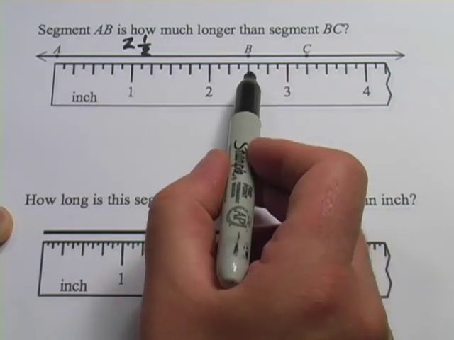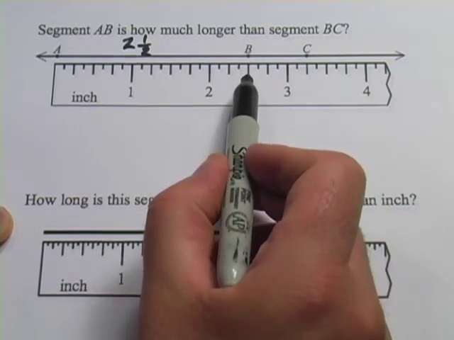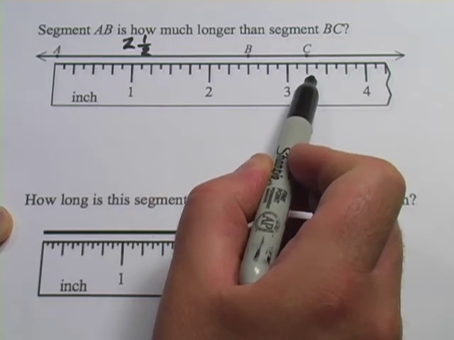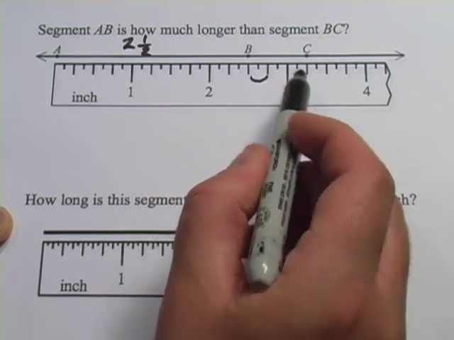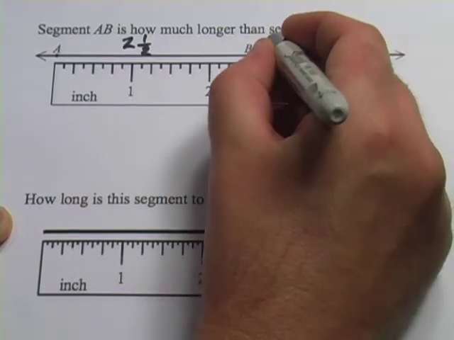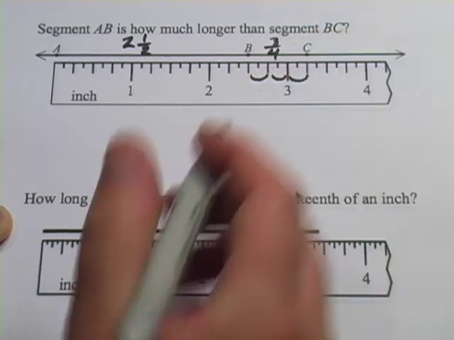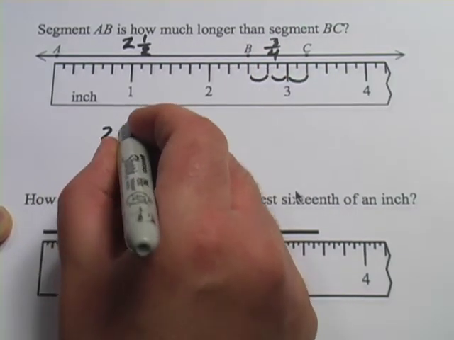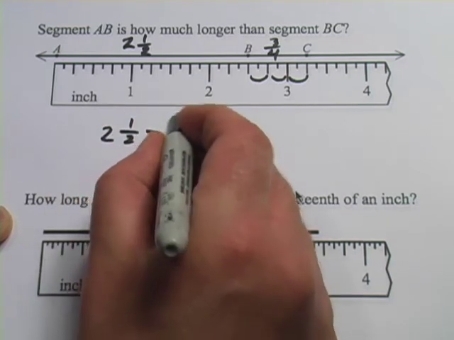It looks like B starts on a half and C is at a 1/4 mark. I'm just going to count the quarters. Here's a quarter, here's a quarter, here's a quarter. So 1, 2, 3. It's 3/4 of an inch in length. And now we have to do some subtraction. 2 1/2 minus 3/4.